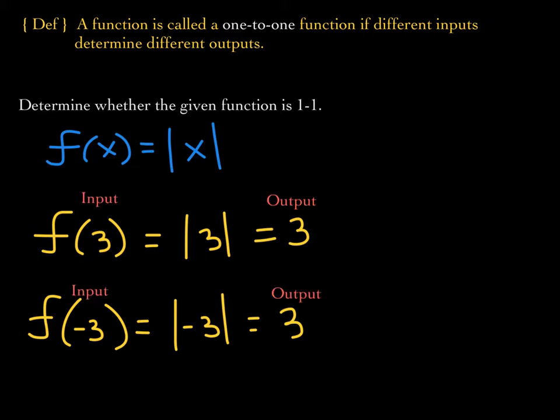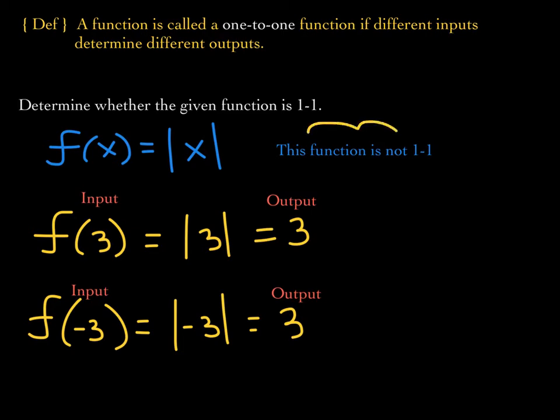So I hope you see that these two different inputs have the same output. In order for a function to be one-to-one, you need different inputs to have different outputs. Therefore, this function, the absolute value function, is not one-to-one.